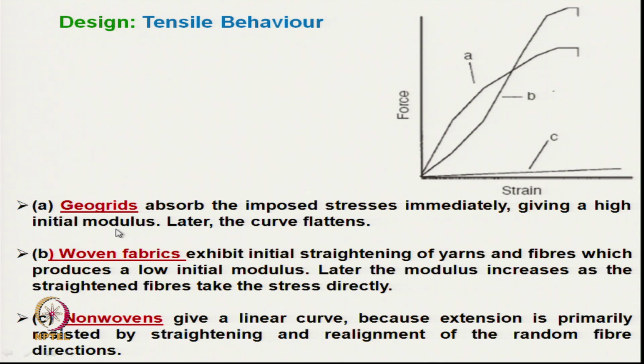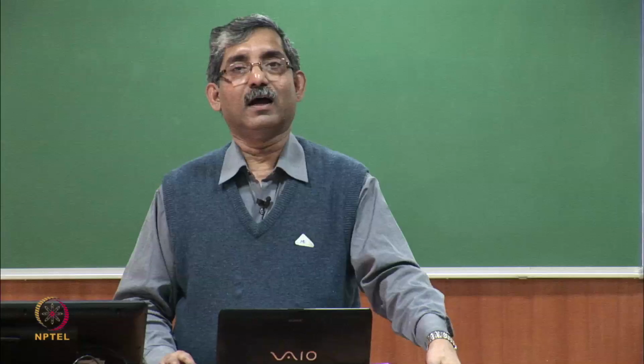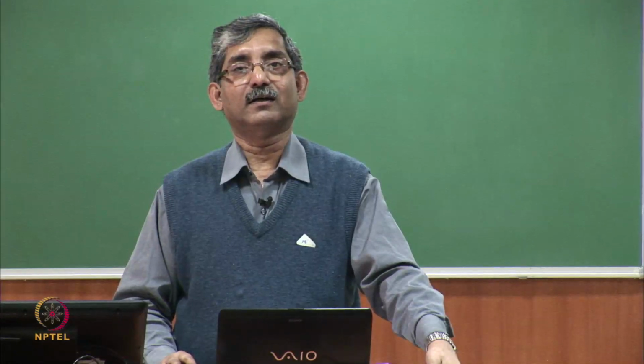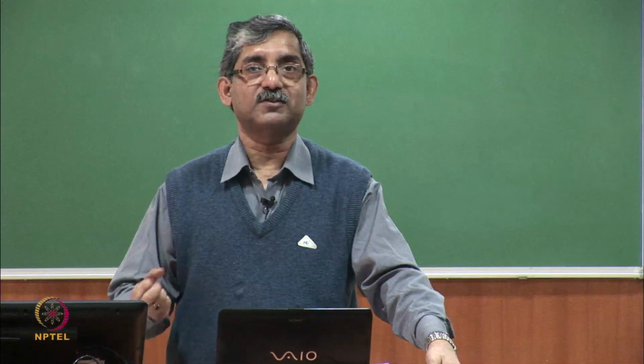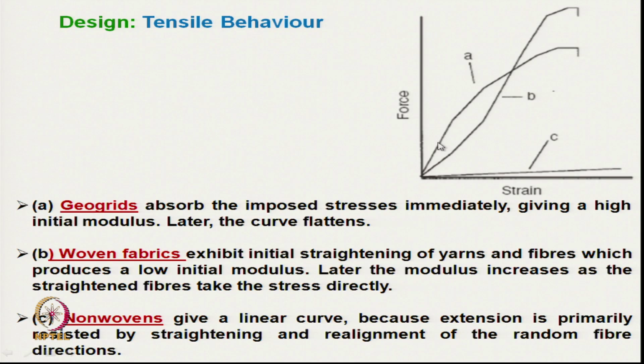This is used to absorb the imposed stress immediately, giving a high modulus, and then the curve flattens. So, where we do not need any deformation, and at certain lower deformation high stress is being imposed, in those applications we use this type of geotextiles.